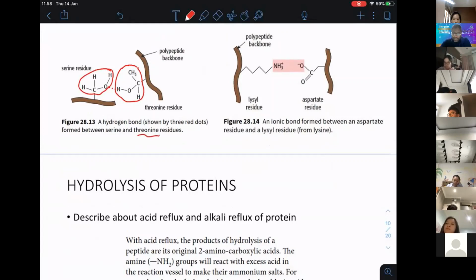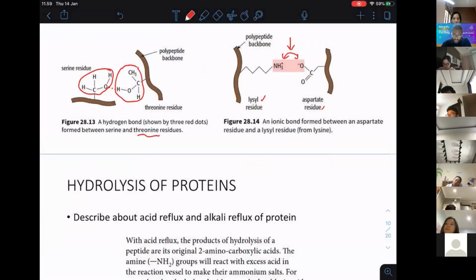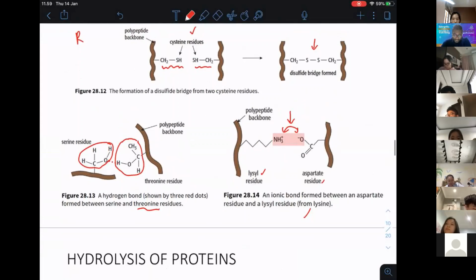You do not need to know what residue and so on, but if you can see the structure, you should be able to tell what kind of bond will be formed. This one is going to be positive and negative, so of course it's going to be ionic bond. So all these ionic bonds, hydrogen bonds, van der Waals forces of attraction, and disulfide bridges are going to maintain the tertiary structure of protein.